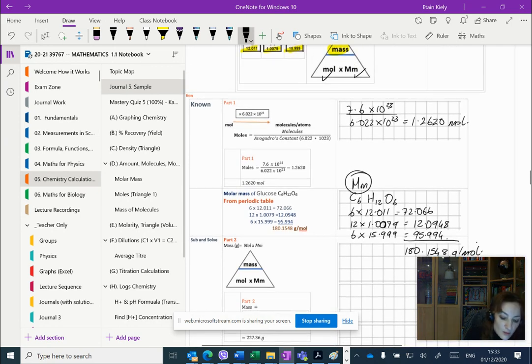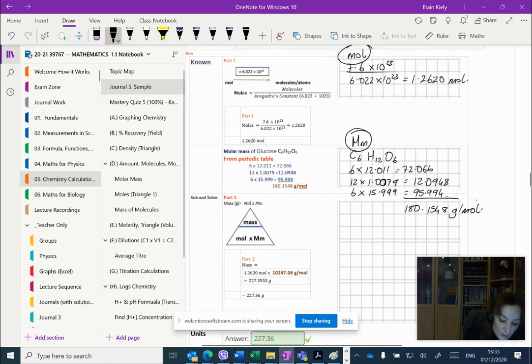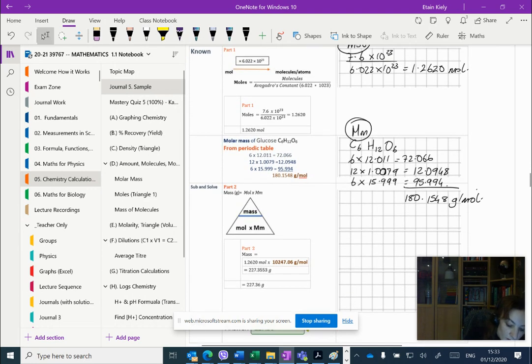So we now have the number of moles and the molar mass, and we can plug them directly into the triangle formula. The mass is going to be these two multiplied by each other. So mass is equal to the number of moles multiplied by the molar mass.